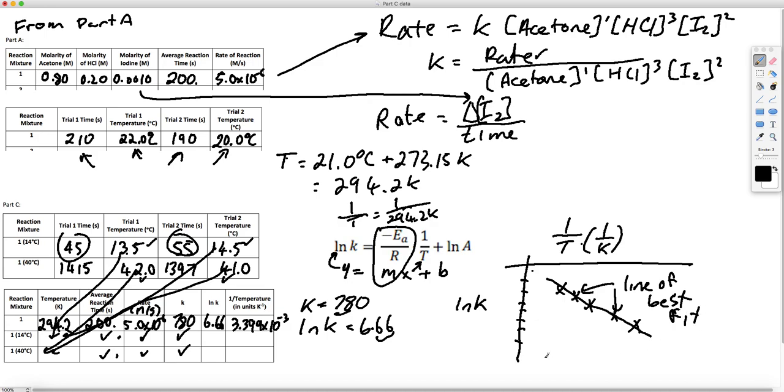And the slope then is going to be the delta y over delta x for those specific points, the ones on the line of best fit. And that's going to come up with a value. And that value is going to be used here.